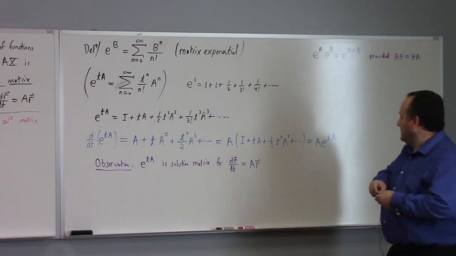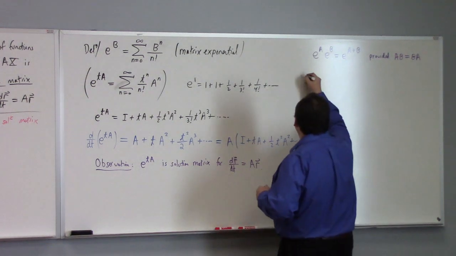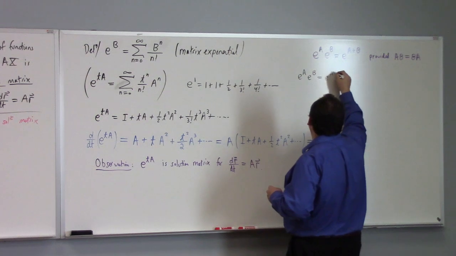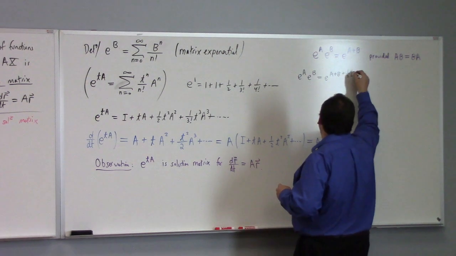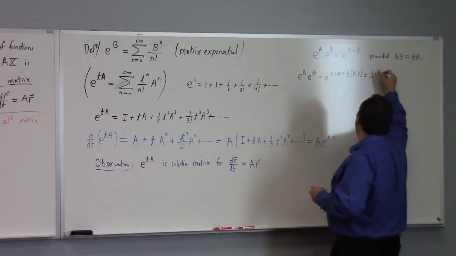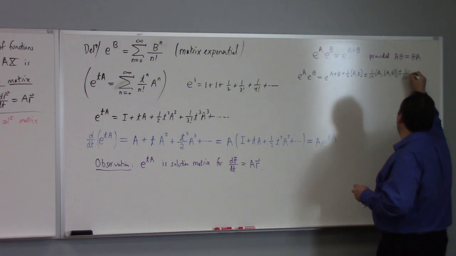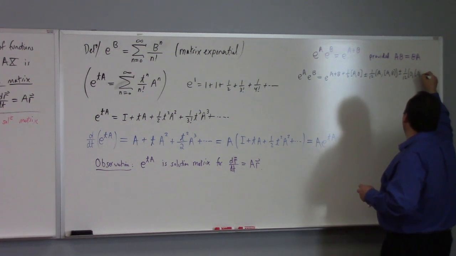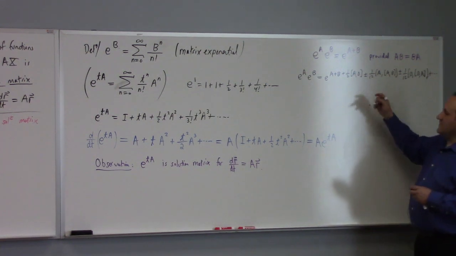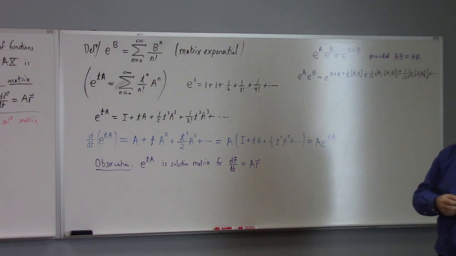I can't help but tell you, and it's irrelevant to everything we're doing today, but I always tell you guys this. If they don't commute, you get this. And the plus and minus here, because I don't remember the sign, there is a plus and a minus, like it's for real.